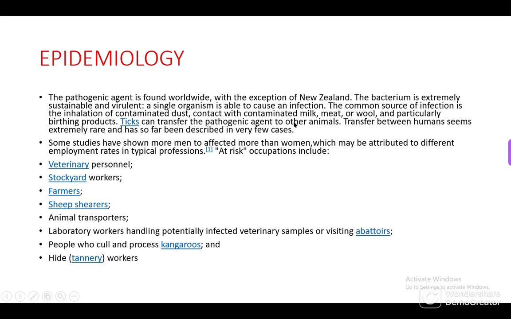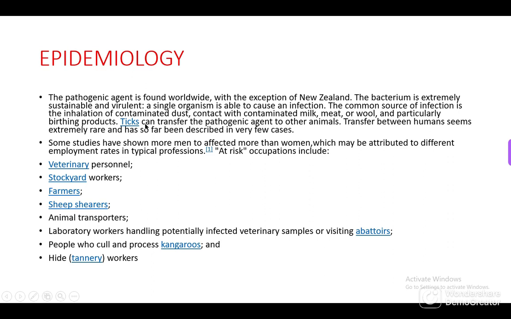The common source of infection is the inhalation of contaminated dust on the plants, on the farm, and contact with contaminated milk, meat, wool, and particularly the birthing products of the animals, placenta, etc. Ticks can transfer the pathogenic agent to other animals themselves, but not to humans.